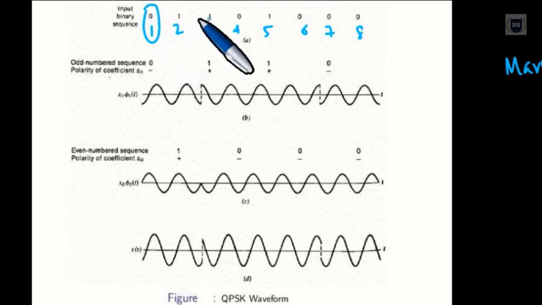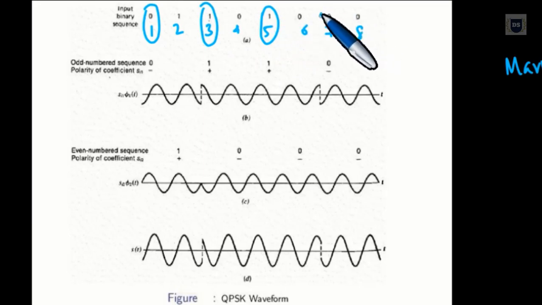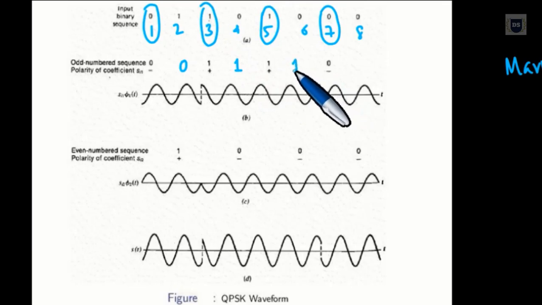This can be thought of as the odd-numbered sequence because this bit corresponds to 1, 3, similarly this corresponds to 5, and this corresponds to 7. Under the odd-numbered sequence, all I have to do is repeat the same bit twice, so I repeat the same bit for the other time interval Tb. In a similar way, I form the even-numbered sequence, where this forms the even-numbered bit values.